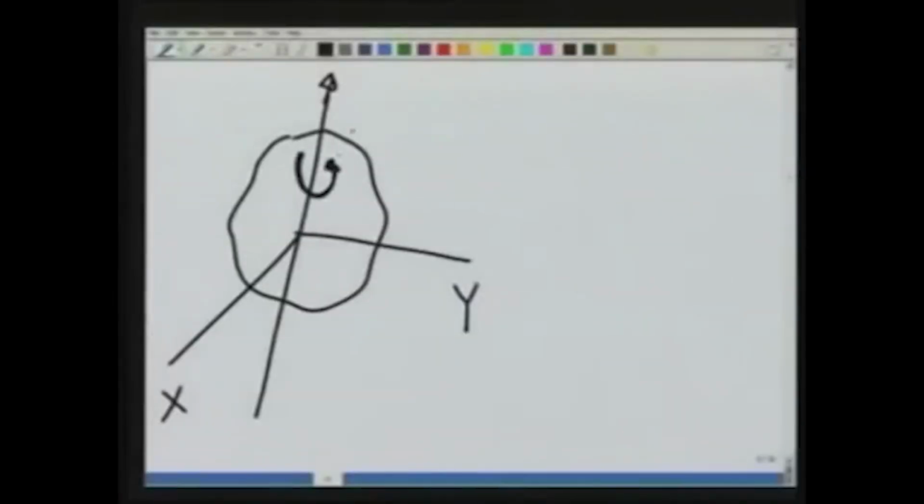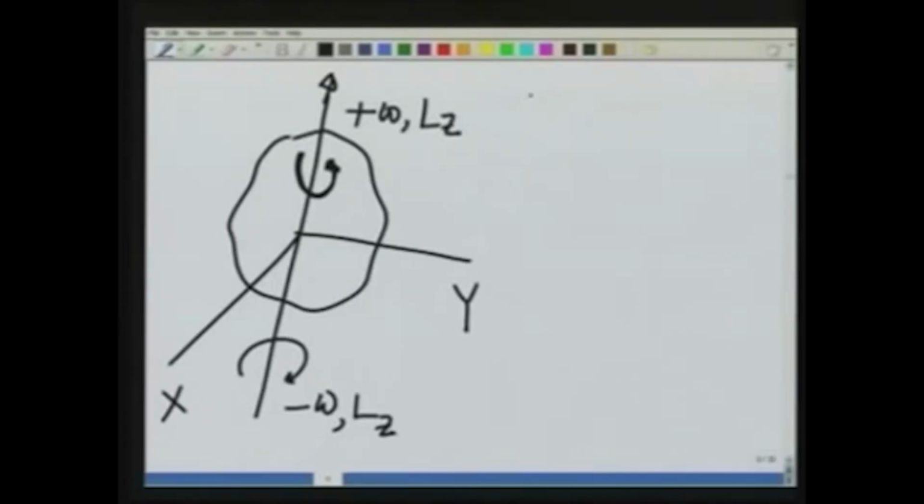I will take the right hand rule, that is, if I point my thumb in the direction of the axis, the direction of fingers curling gives me the positive direction of omega and L, and the other way is going to be negative. So, this way is going to be positive omega and the other way is going to be negative omega. Same thing with Lz.